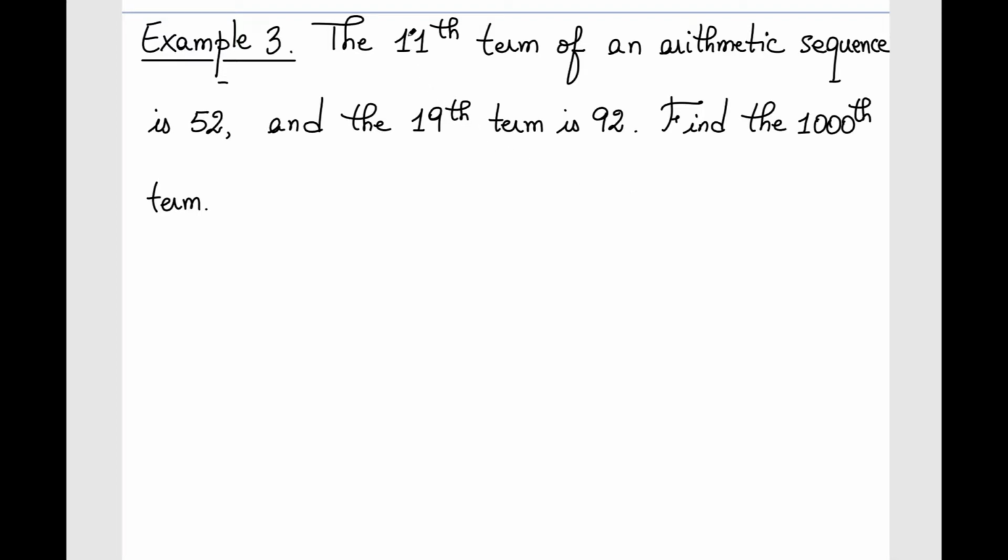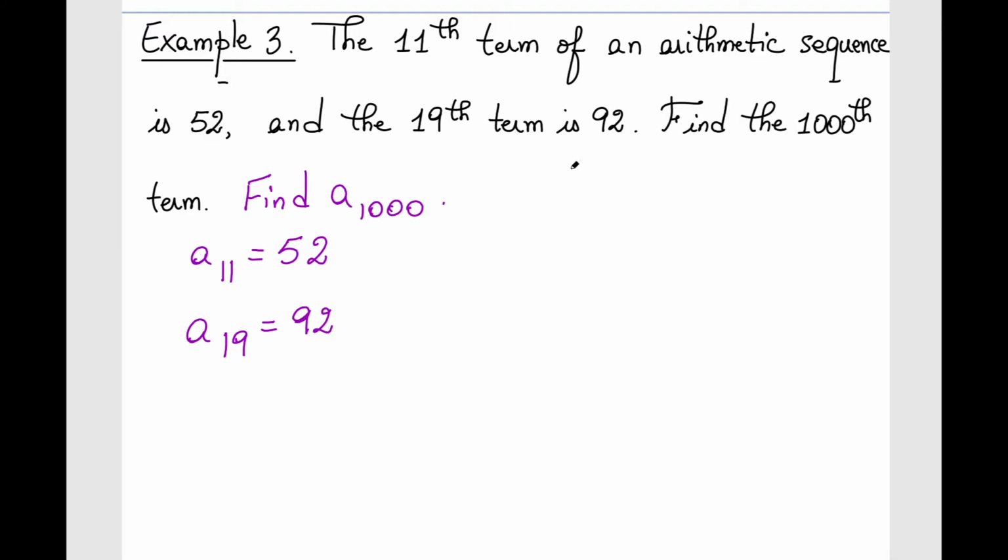Alright, so in this case they gave us the 11th term. So a_11, they told us that it's 52, right? And they told us that the 19th term is 92. Correct? This is what they told us. And the question is, we want to find a_1000.